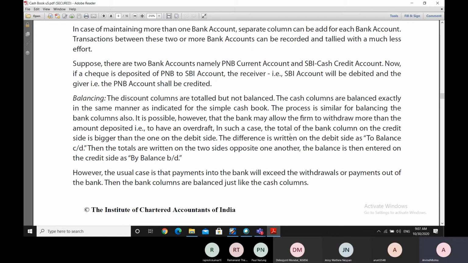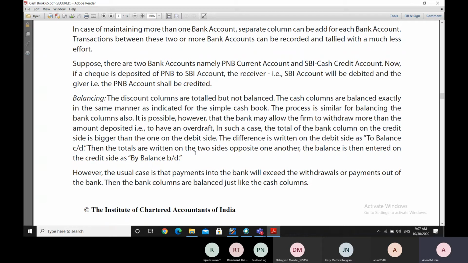So the difference will be written on the debit side as to balance carried down whenever the total of the bank column on the credit side is bigger than the one on the debit side.